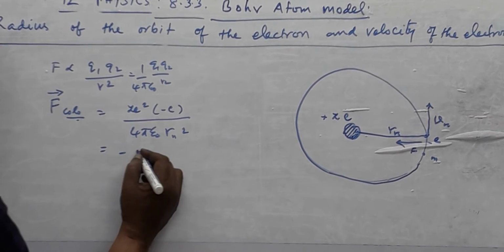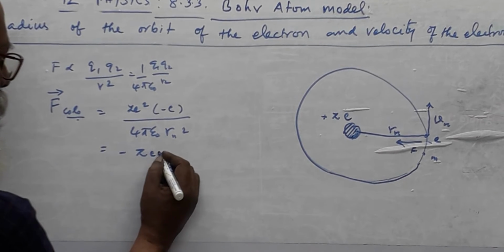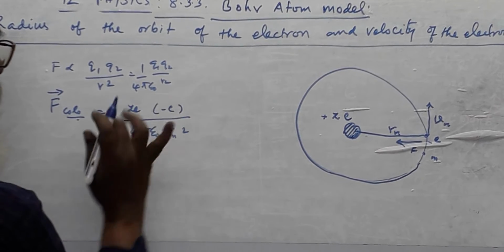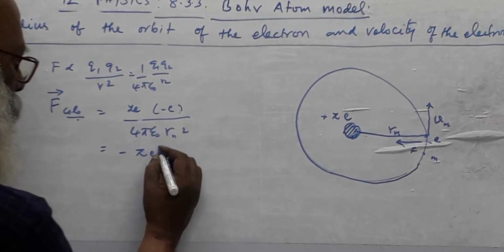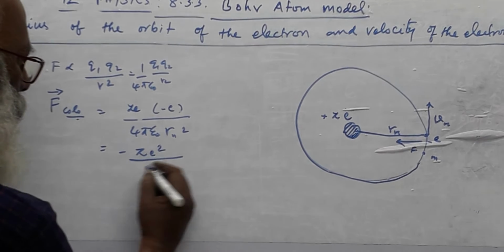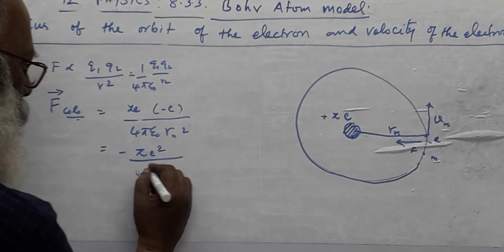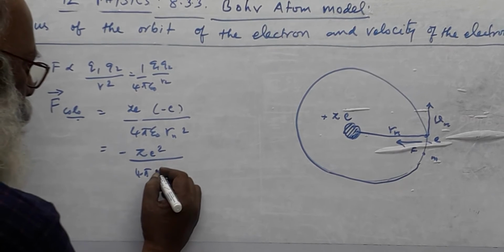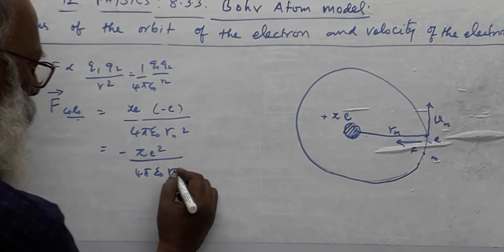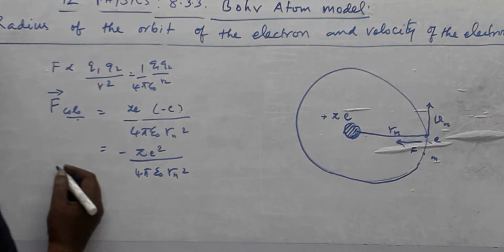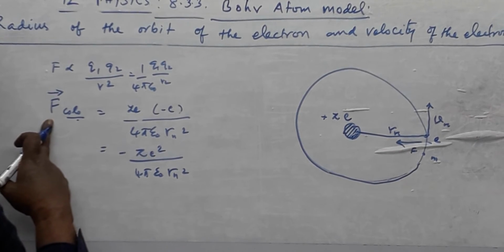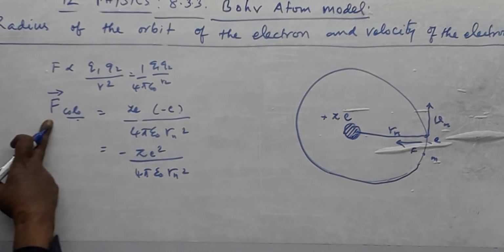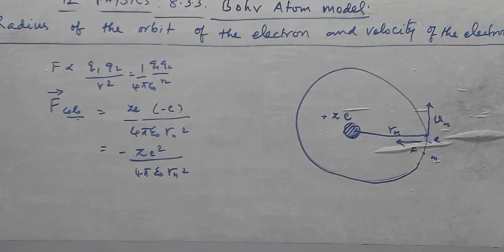That is, minus Ze square divided by 4 pi epsilon naught rn square. This is the force of electrostatic attraction by the nucleus on the electron.